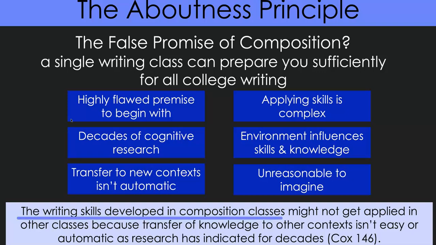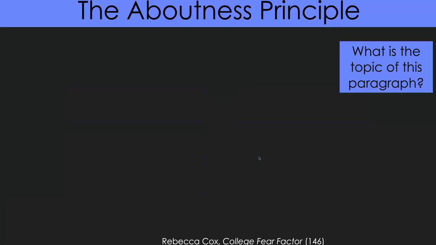So again, I'm doing the same thing. You can ask yourself, does this feel like a correct summary of what this paragraph is about? The writing skills developed in composition classes. Sure, some of the other things weren't totally immediately connected to them, but you can see how these are sub-ideas to support the other ideas about writing skills. So again, you can do that on your own.